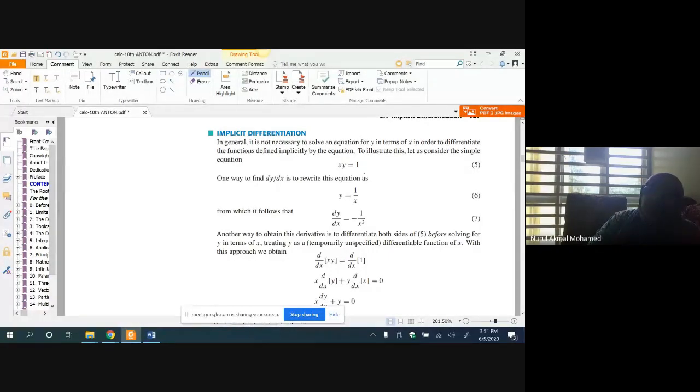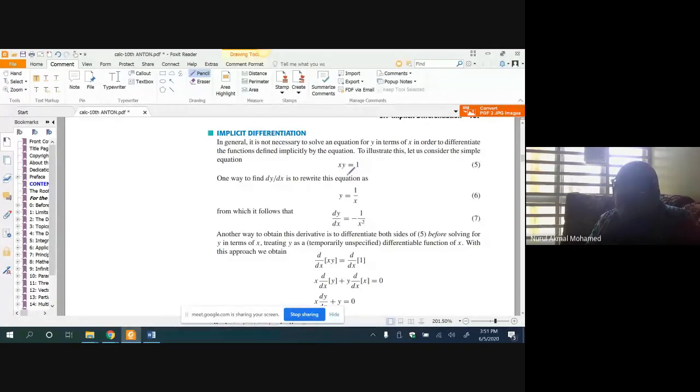If you look at here, xy is equal to 1, for this equation it is easy to make y the subject of the equation. When I say subject, it means that y is located to the very left of the equation and the other expressions are transferred to the right hand side.